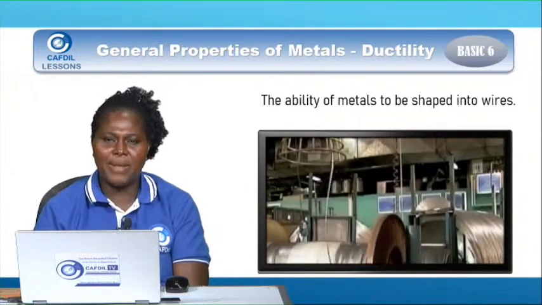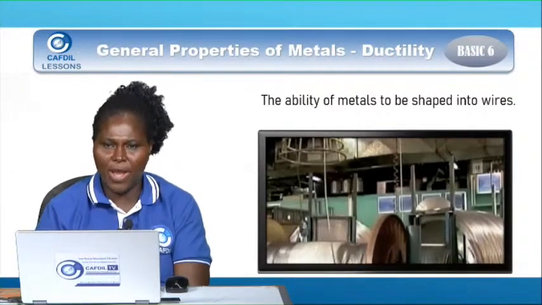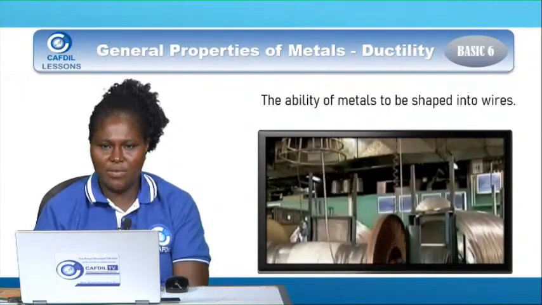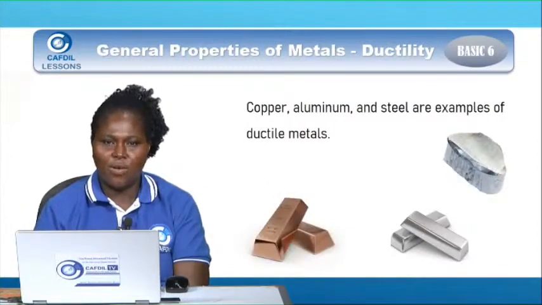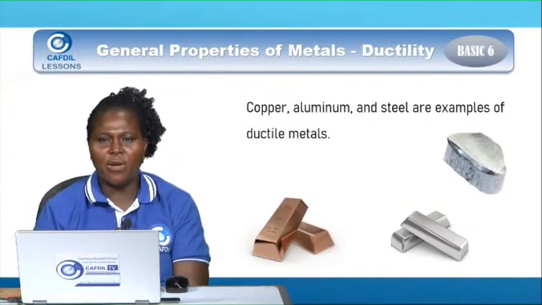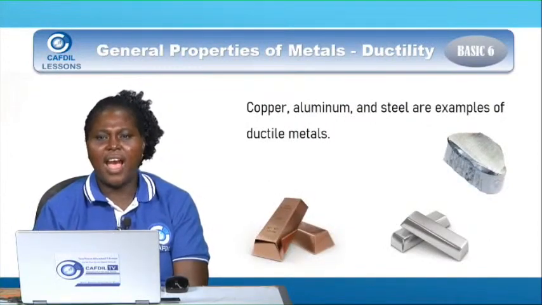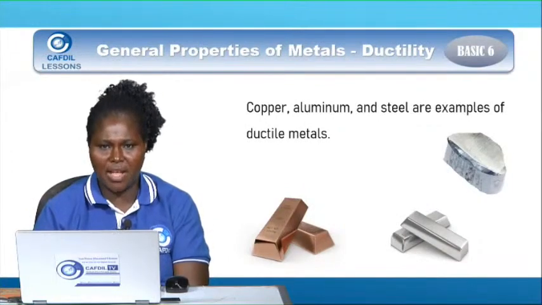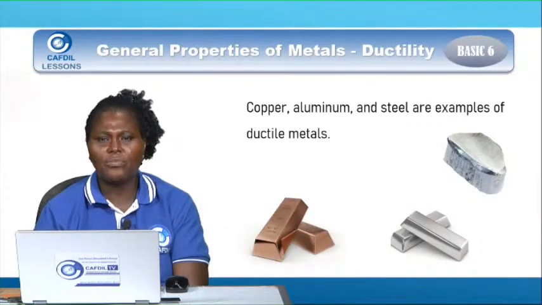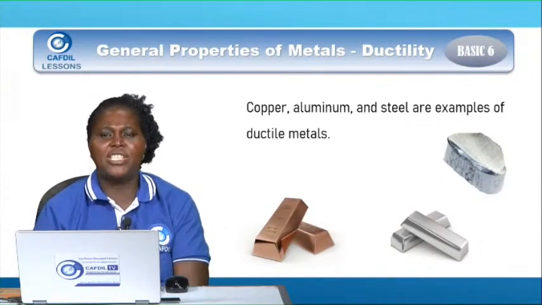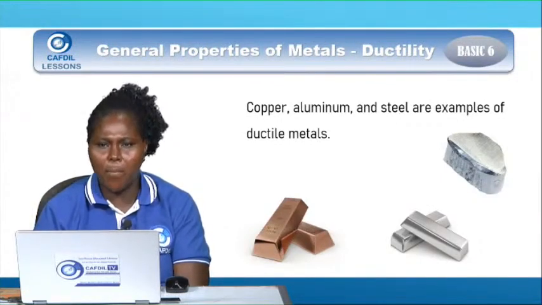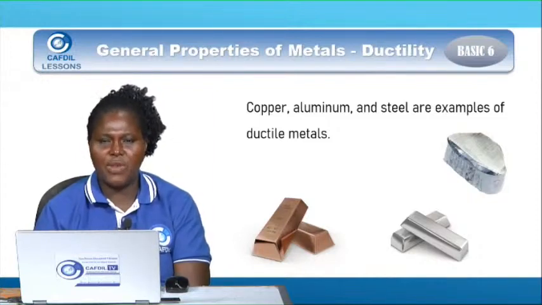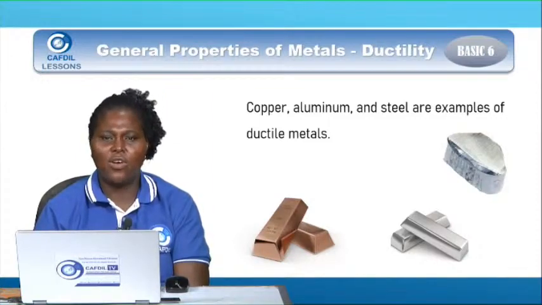They are shaping the metals into wires. Good. Copper, aluminium, and steel are examples of ductile metals. And we have the picture on our screen.